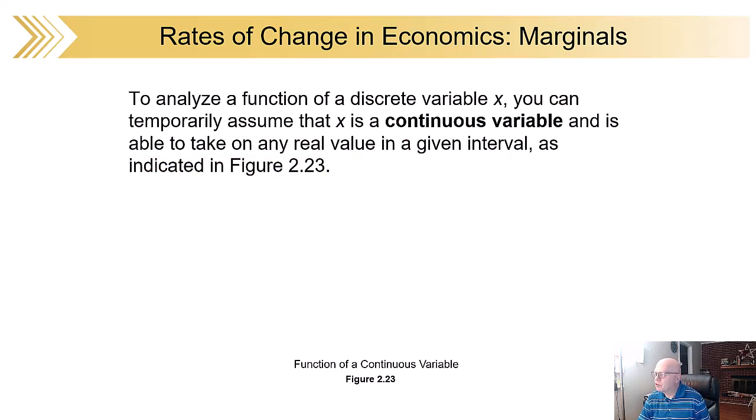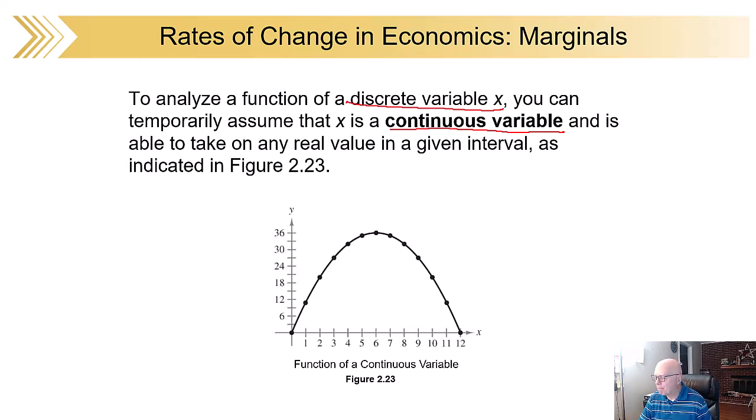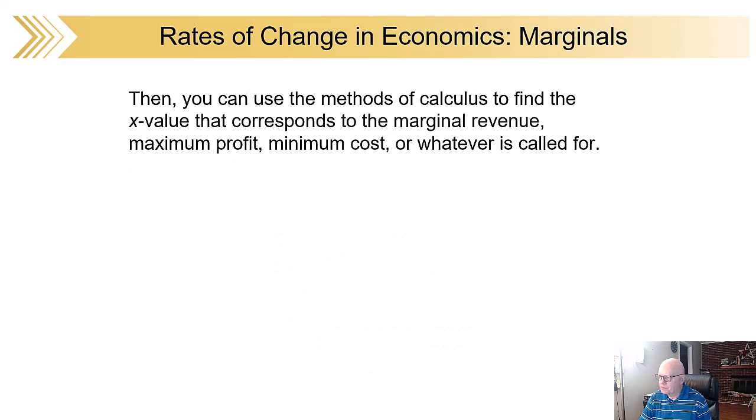So to analyze these discrete variables, we're going to assume that they're continuous because we've got a lot more tools for continuous variables than we do for discrete. So this is what it will look like if we smoothed in the curve. So let's get back to the marginals.